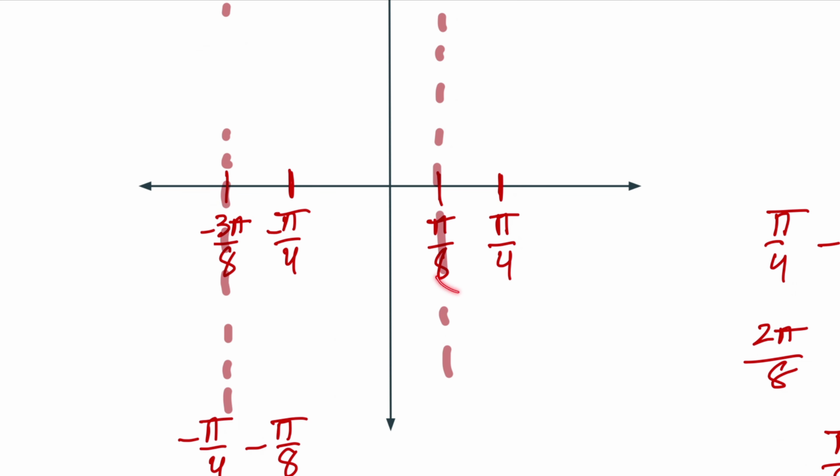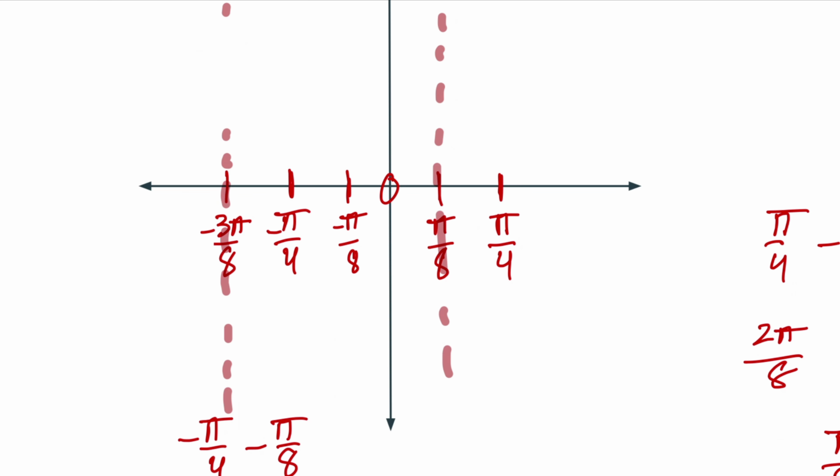We're moving by pi over 8s here. Going from pi over 4 to pi over 8 was a distance of pi over 8. Going from pi over 8 to 0 is a distance of pi over 8. Going from 0 to negative pi over 8 is a distance of pi over 8. And going from negative pi over 8 to negative pi over 4 is a distance of pi over 8. So really we're going to use 0 and we're going to use negative pi over 8.